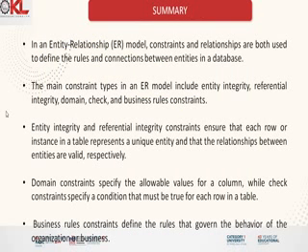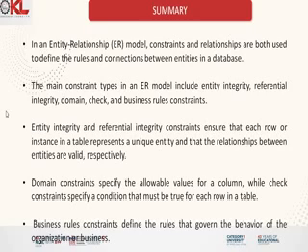And coming to the conclusion of this concept, what we can say is that in an ER diagram, constraints and relationships are both used for defining the roles in the entities in a database. The main constraints in an ER model are entity integrity, reference integrity, domain constraint, check constraint, as well as following the business rules. Entity integrity is to ensure that each row or each instance in a table is uniquely identified and that the entities are valid or not.